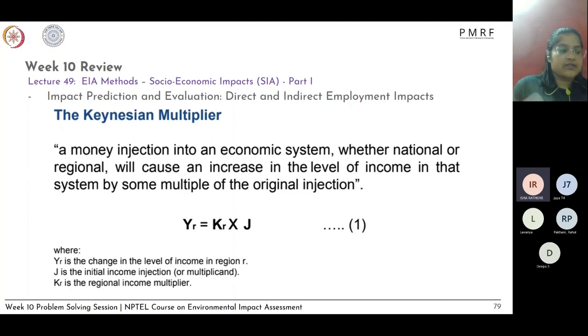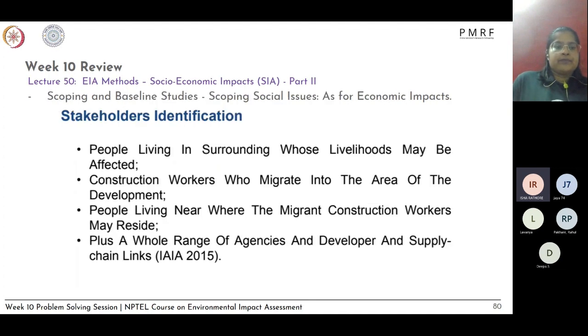So J is basically determined by the new project, and YR is the change in the level of income in the region. So basically multiply the initial injection factor by the regional income multiplier. Again, you can calculate all of these. There were further equations to this, which you can refer back to in lecture 49. So it basically considers the new development as a money injection and multiplies it to the existing income of the region.